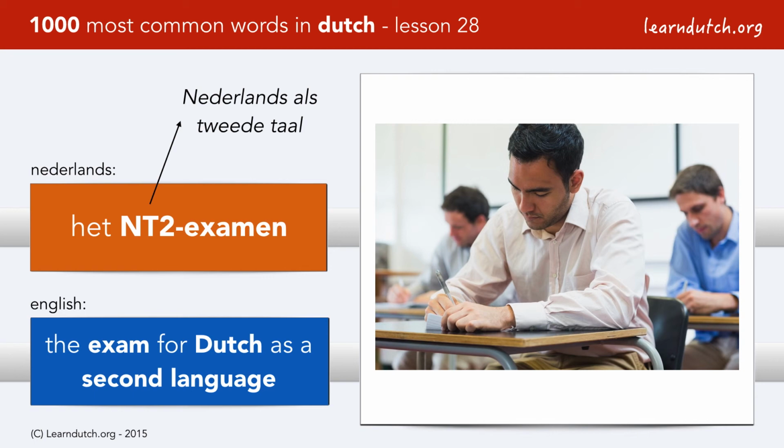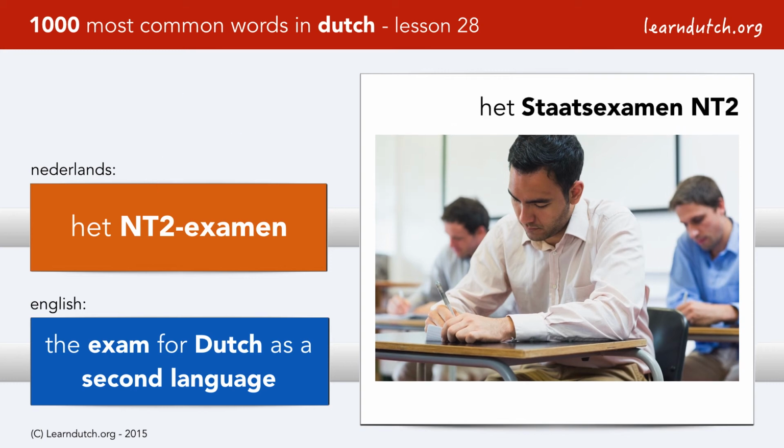Dutch as a second language. If you pass the level B1 state exam, het staatsexamen NT2, you do not need to do the civic integration exam. This certificate can be important for getting a job or allowing you to enter a university for programs that are given in Dutch.